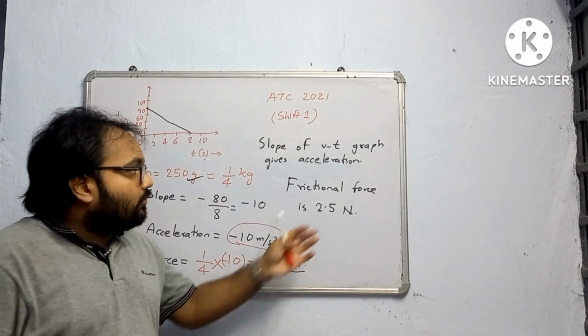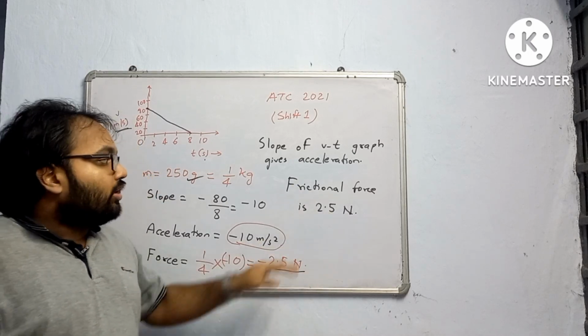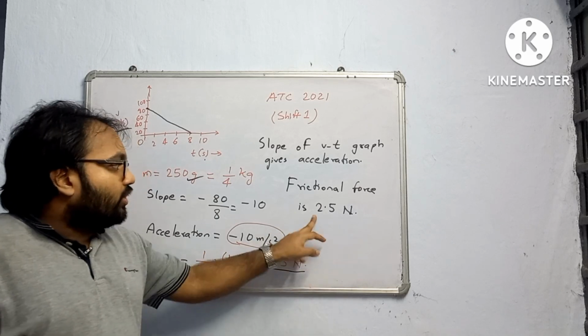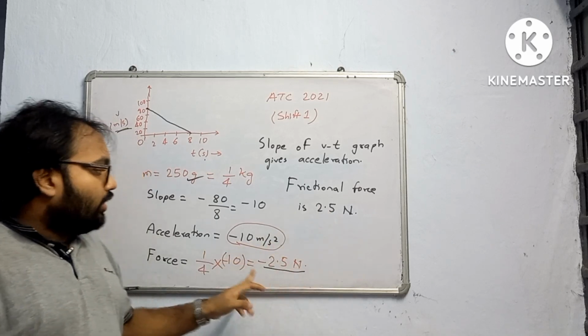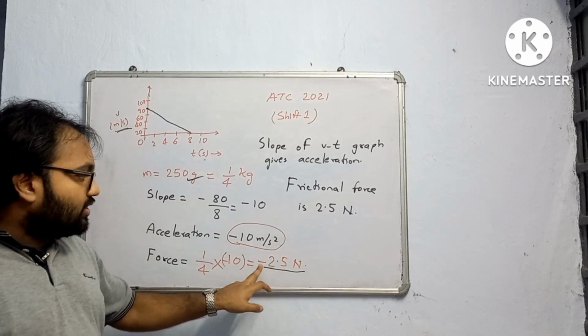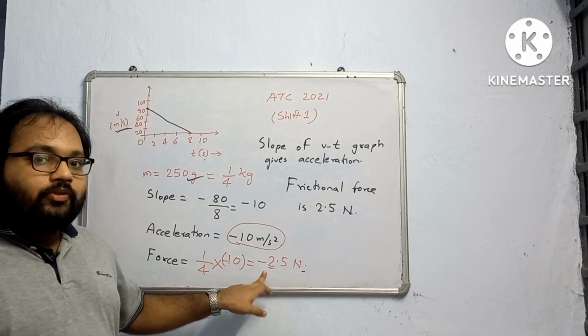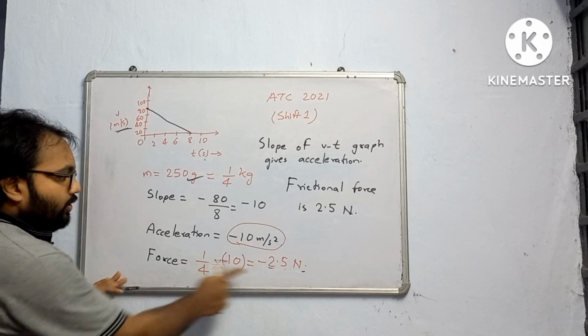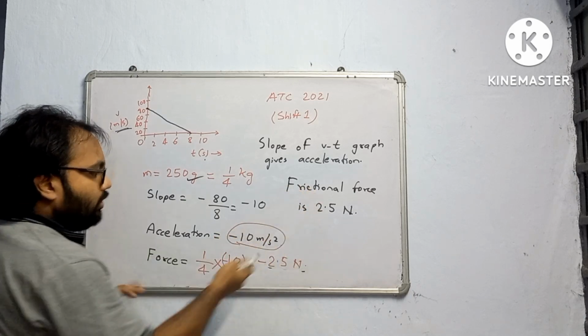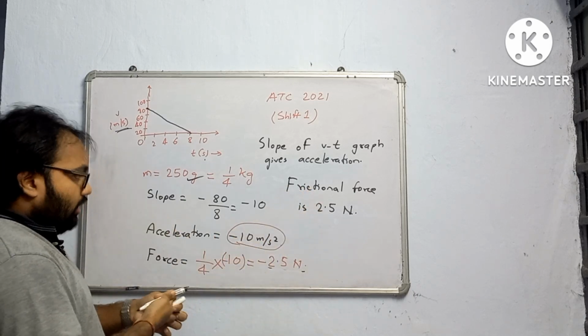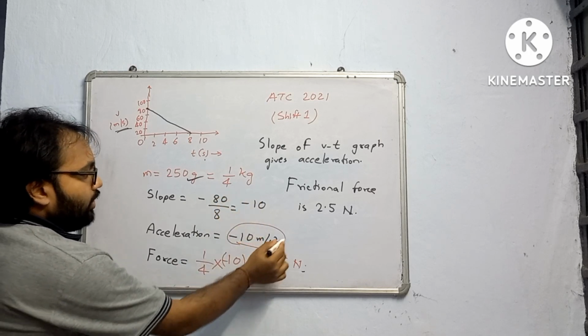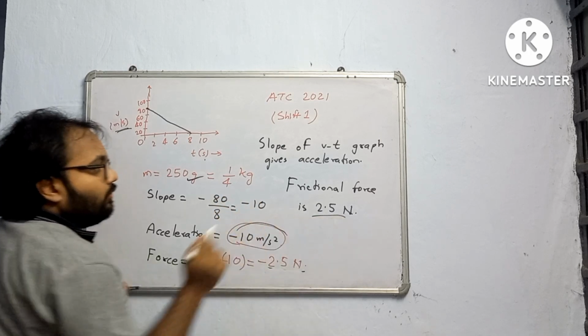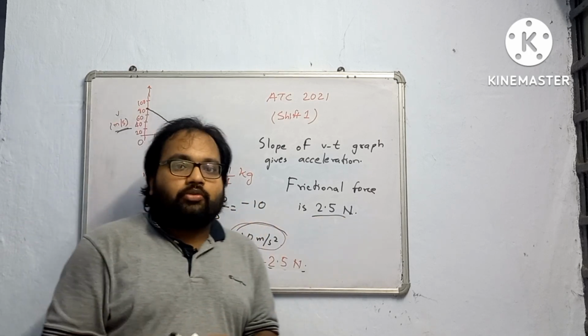Because if the frictional force were negative, then the ball would not stop. The net force along with sign, we have written as minus 2.5 Newton, as the force is in the opposite direction of motion. Force minus 2.5 Newton, frictional force 2.5 Newton. Two questions were asked, and we have done both: acceleration minus 10 meter per second square and frictional force 2.5 Newton.